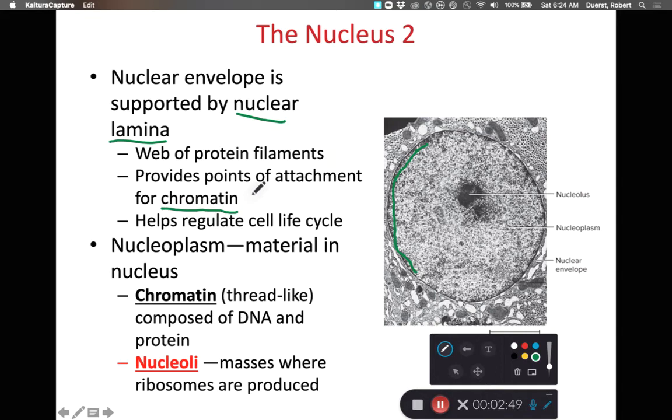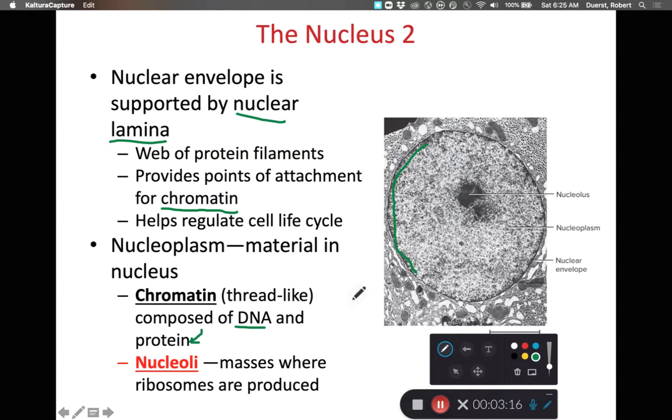Chromatin is a combination of loosely wound DNA around some proteins, particularly histone proteins. The nuclear lamina will also help us to regulate the cell's life cycle by regulating DNA replication and whether or not DNA is being accessed for protein synthesis.